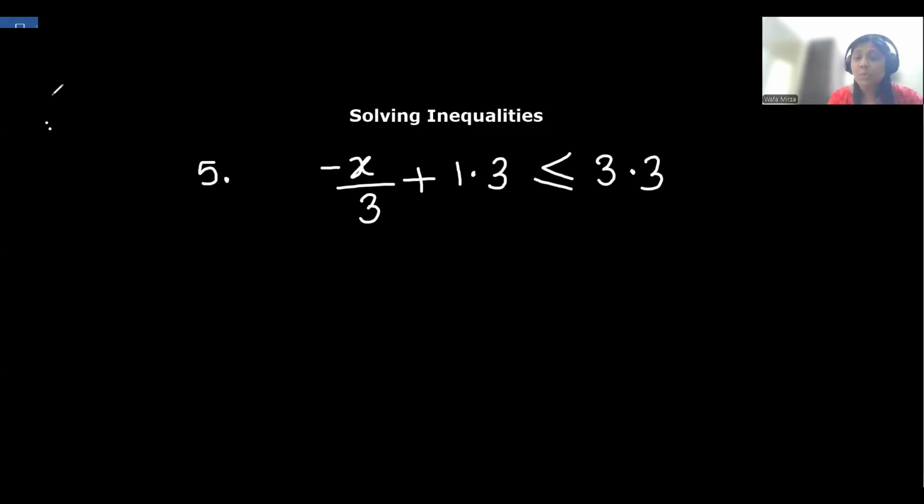In the previous question, both numbers were whole divided by 3. But in this question, 3 is just in the denominator of x. It is not in the denominator of 1.3. So in this question, first you have to get rid of 1.3. It is plus 1.3, so you will subtract 1.3 on both sides.